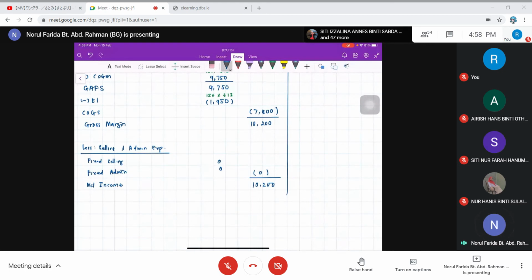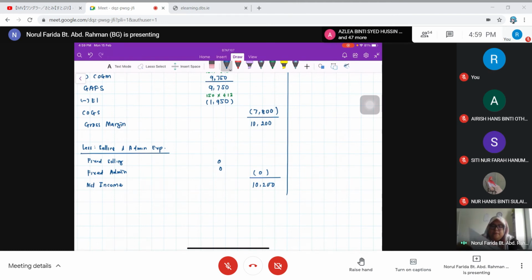However, as I mentioned earlier for absorption costing, where actual production level is not equal to the normal capacity, there will be under or over absorbed fixed production overheads.